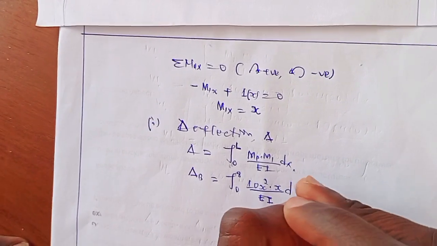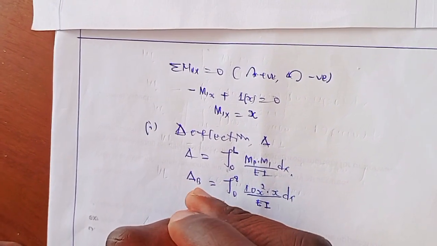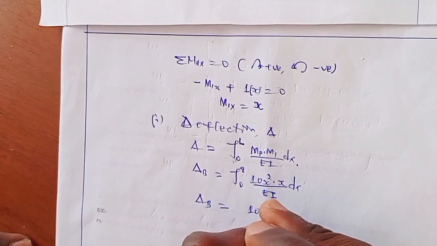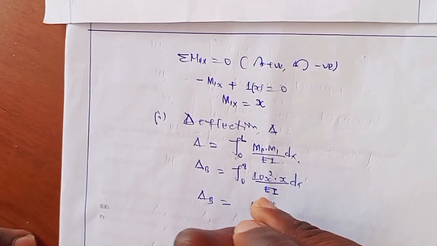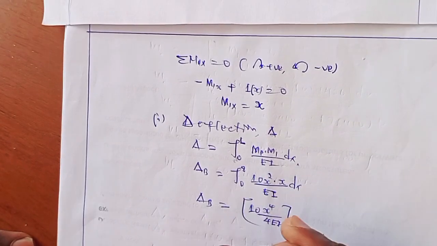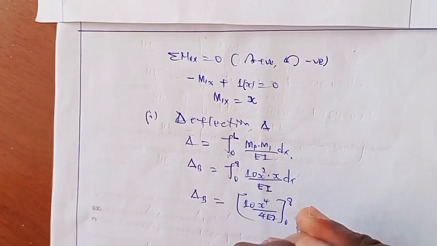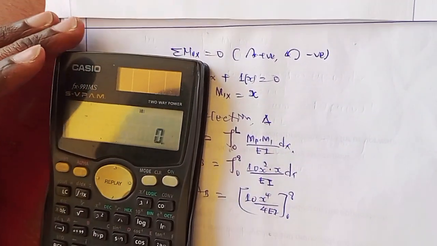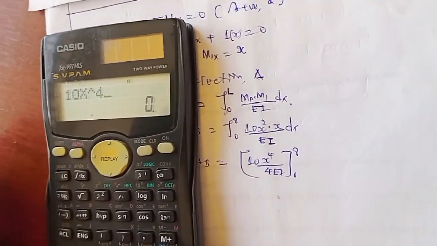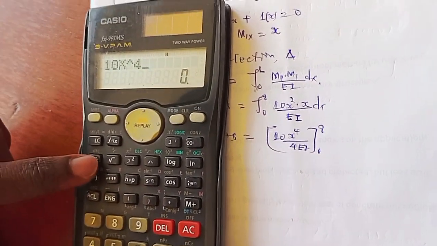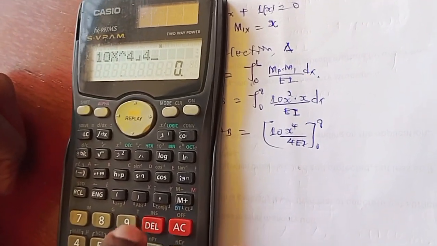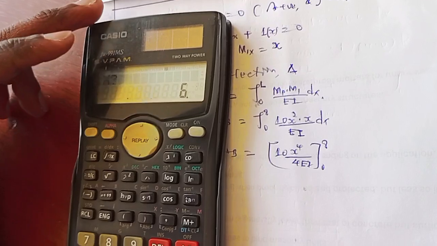Therefore, when we integrate this one, the deflection at point B will be 10x to the power 4 over 4EI from 0 to 8. So 10 times x to the power 4, calculate 8.